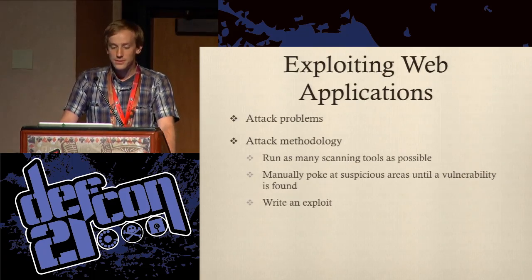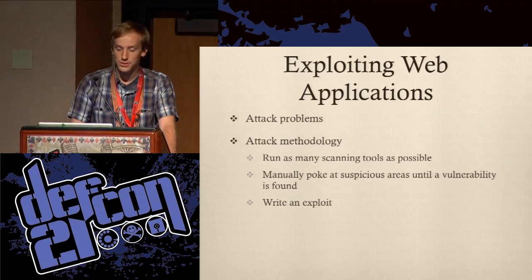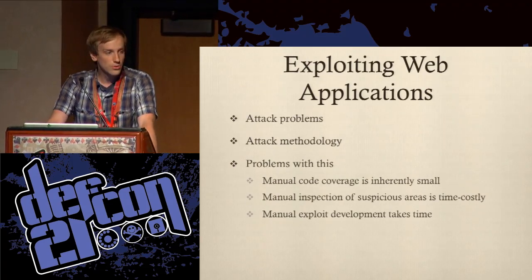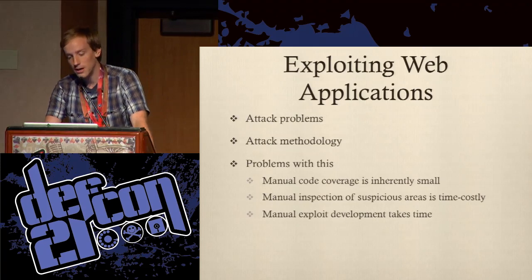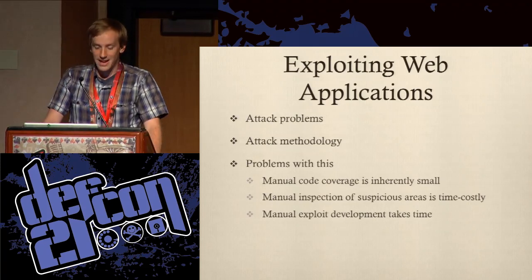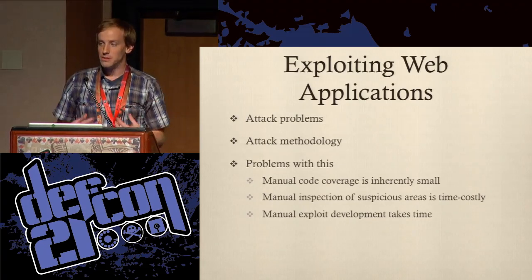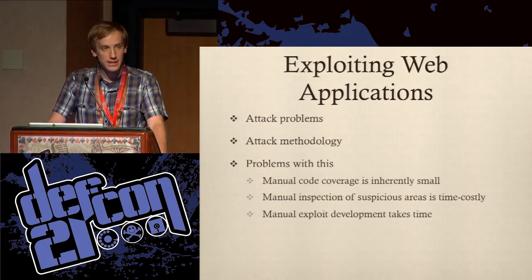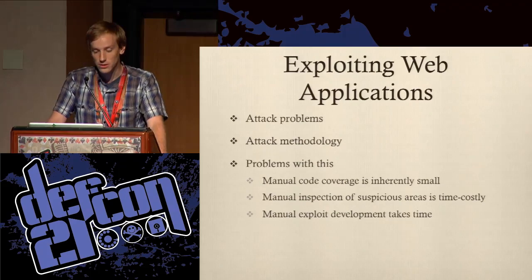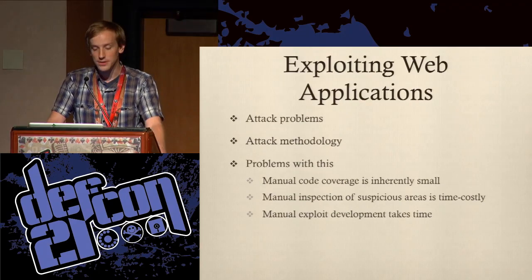But there's a couple problems inherent with that approach, because the code coverage is inherently small because I'm trying to limit the amount of code that I view on a day-to-day basis. I want to have myself view less code and make sure that the code that I'm viewing is actually potentially vulnerable instead of just what have you.